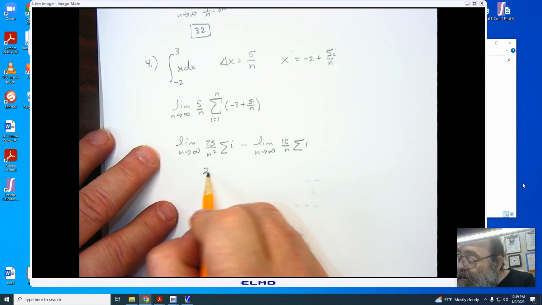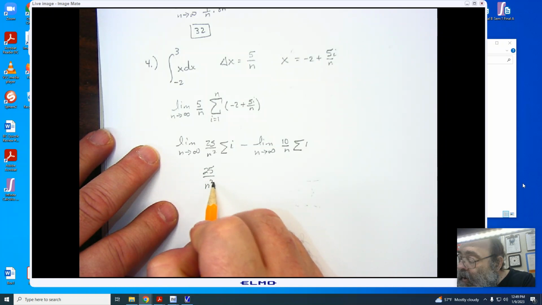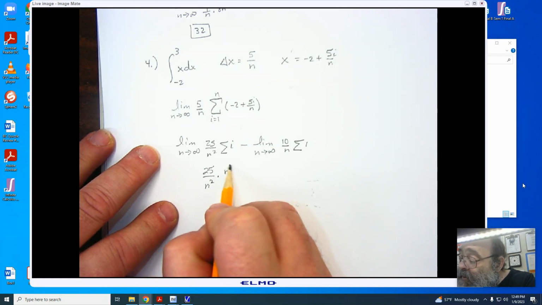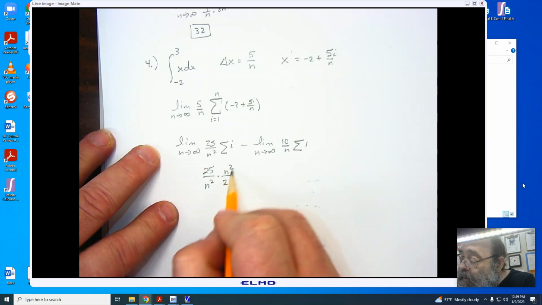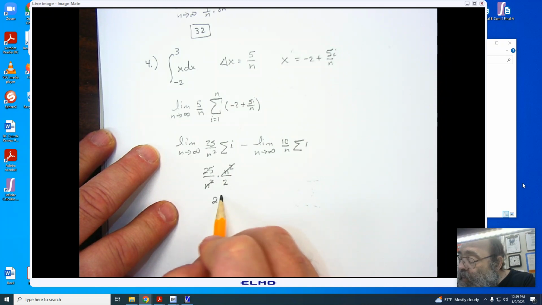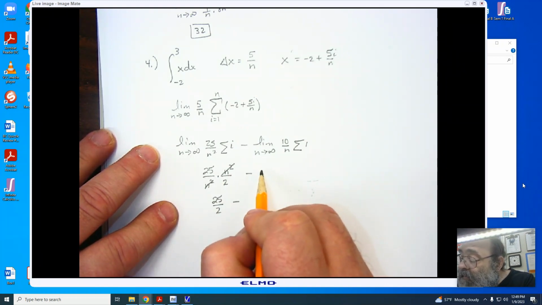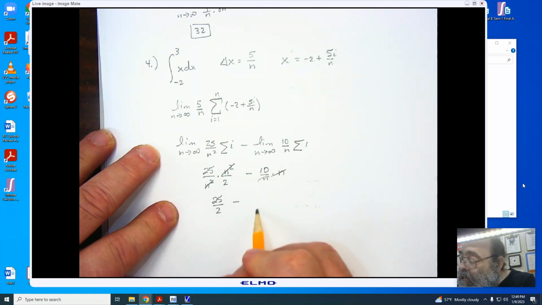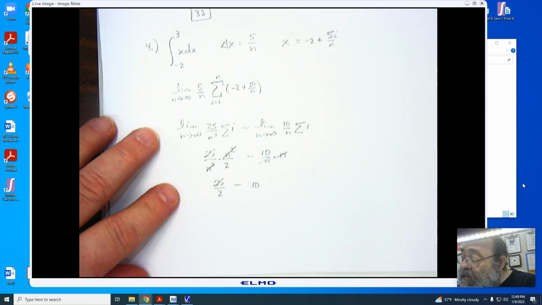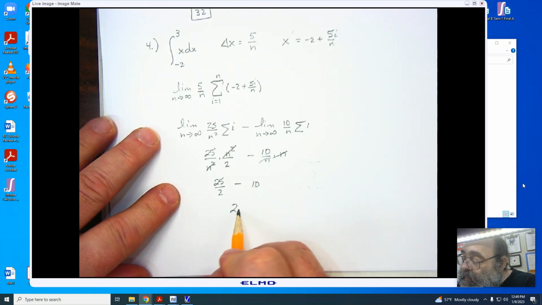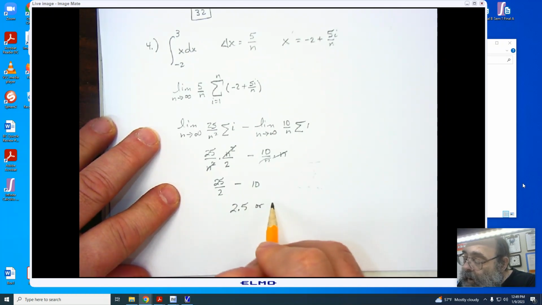This is giving me 25 over n squared multiplied by n squared over 2, and that allows me to have 25 over 2 minus, and this is giving me 10n times n over n, and therefore I'm subtracting 10, and my answer is 2.5, or 5 halves.